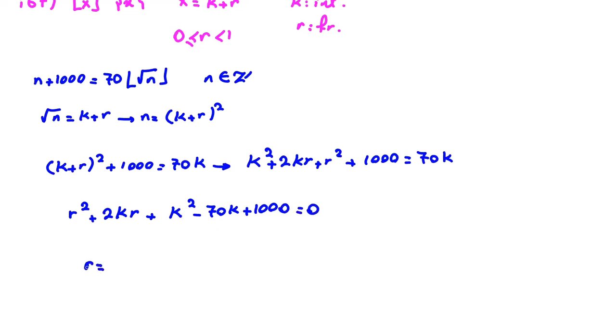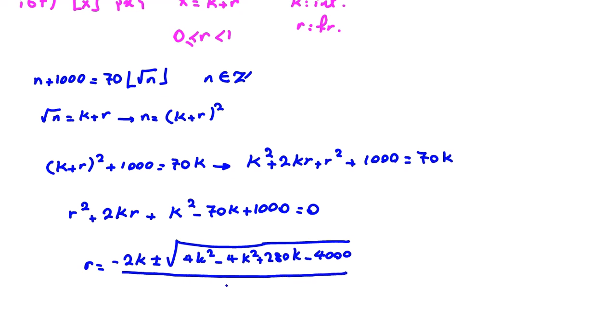So r will be what? r in terms of k. It will be negative 2k plus or minus the square root of 4k squared minus, by using the quadratic formula I told you, minus 4 times this, minus 4k squared plus 280k minus 4000. Okay?